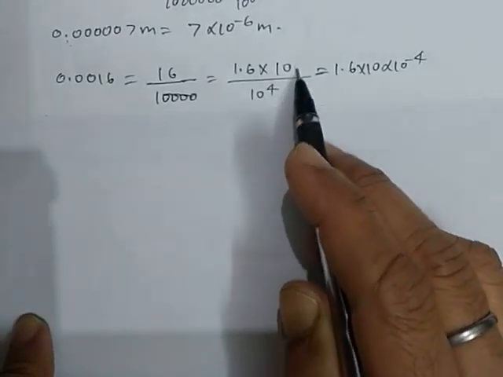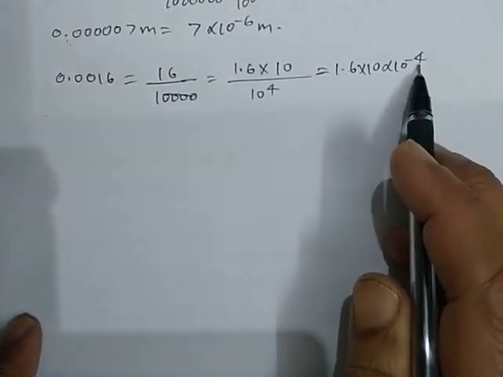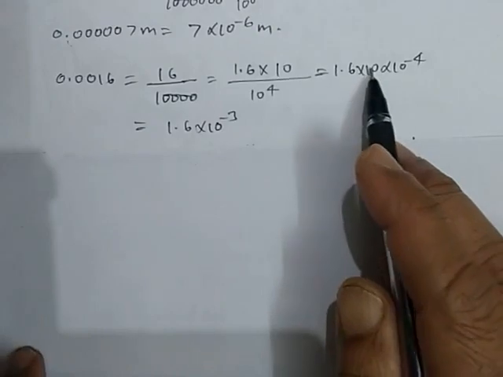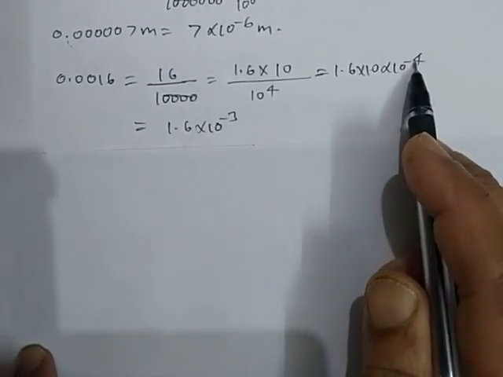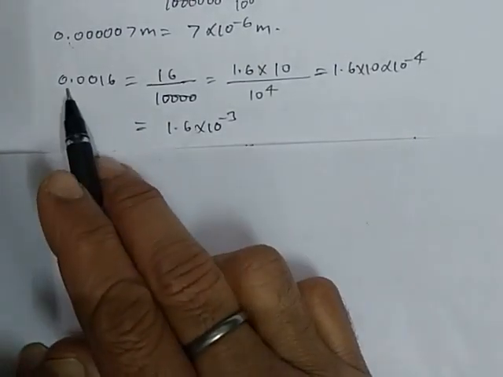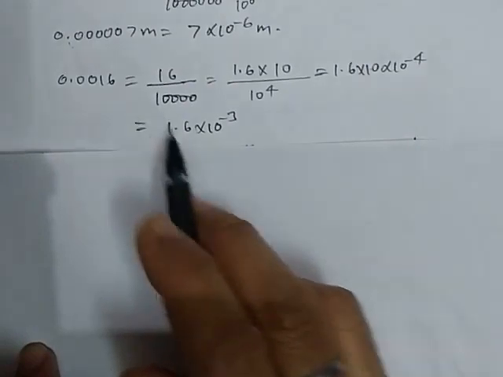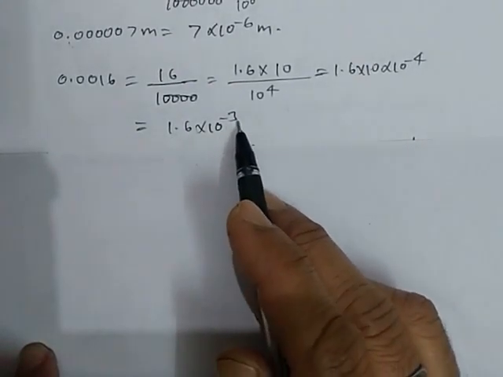Now if we bring this 10 raised to the power 4 to the top, it becomes 10 raised to the power minus 4. Both have the same base, so we add minus 4 and plus 1. So this becomes minus 3. So ultimately this value 0.0016 can be written as 1.6 into 10 raised to the power minus 3.